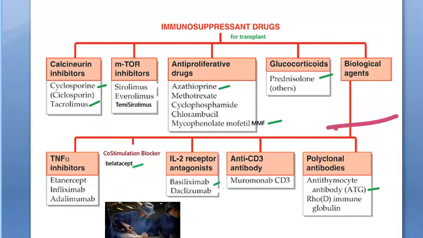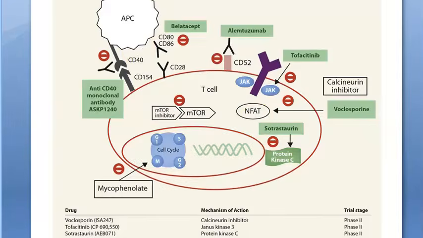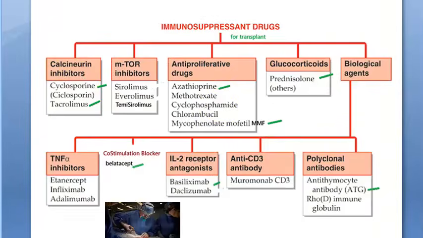Do you see this ATG somewhere in this diagram? No. Okay, no problem. Let's move on.